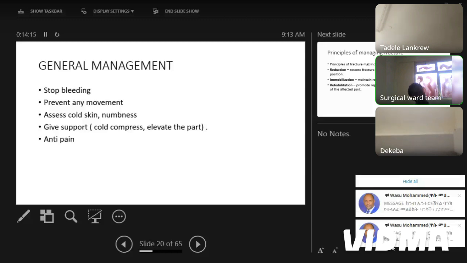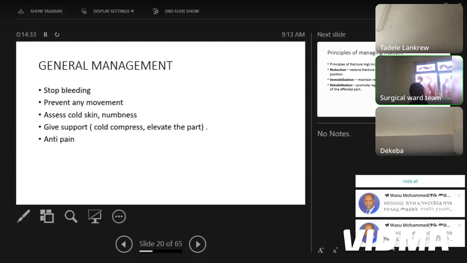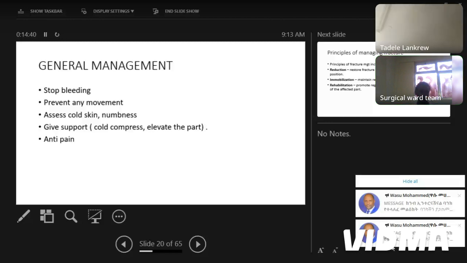If it affects blood vessels, there is no blood supply. Where there is no blood supply, there is cold skin, and also numbness or loss of sensation due to nerve damage. Give support, cold compress, and elevate the part to prevent thrombosis. Pain relief is also very important to relieve the pain.